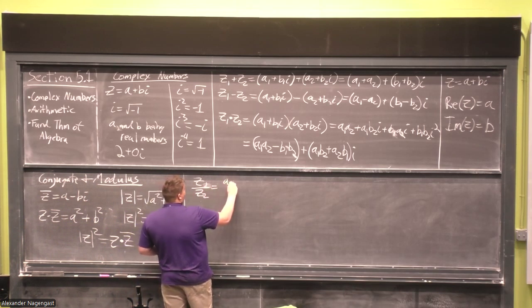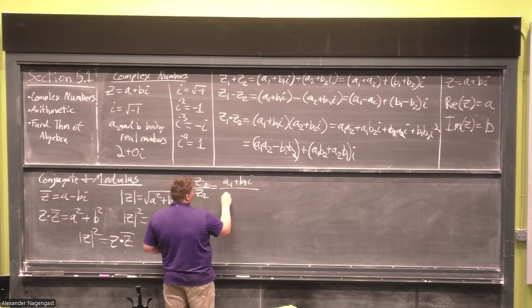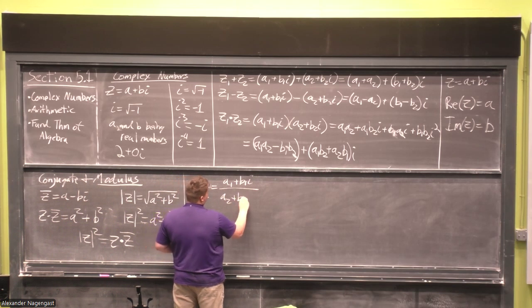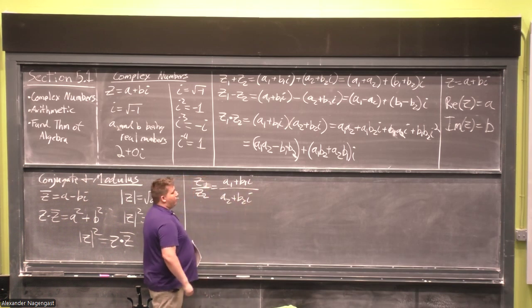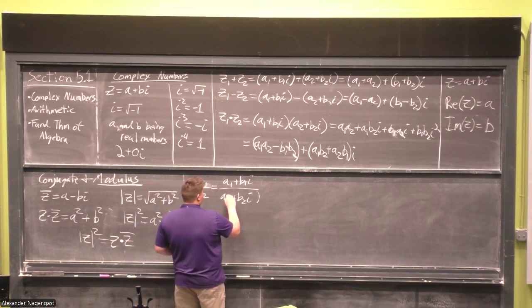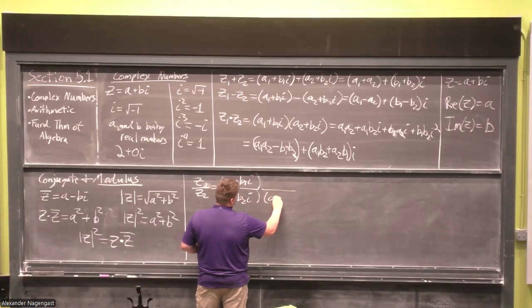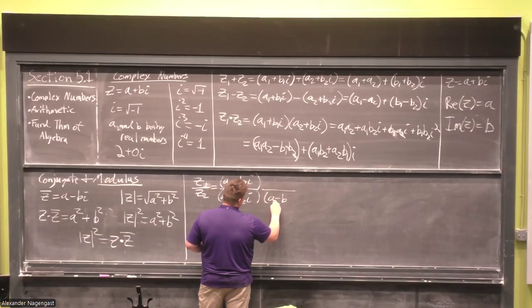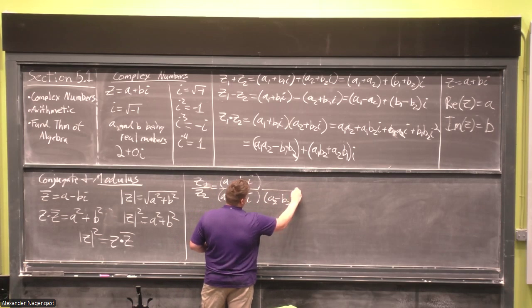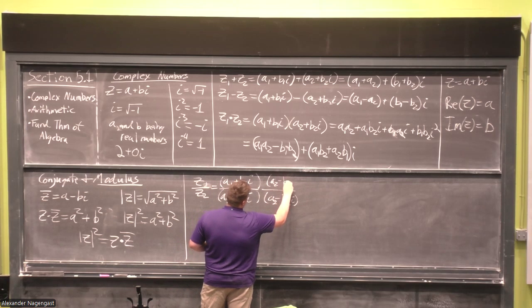So we'll have a1 plus b1i over a2 plus b2i. We want to times by the conjugate of the denominator. So we're going to times by a2 minus b2i, and times by the top, a2 minus b2i.